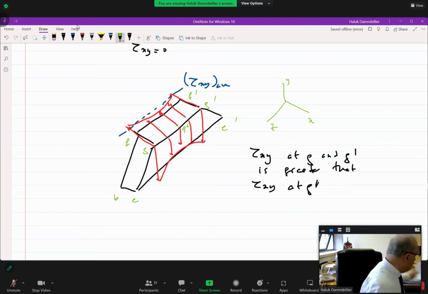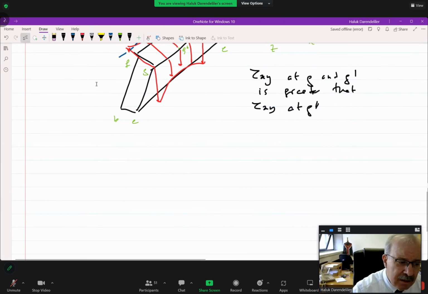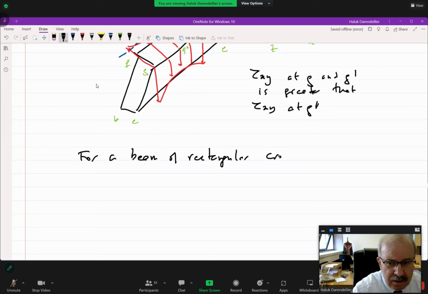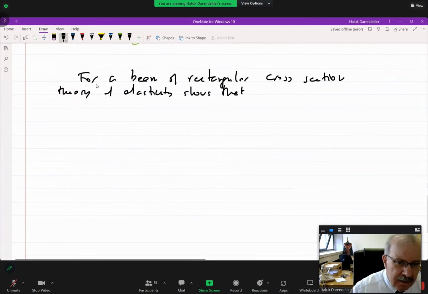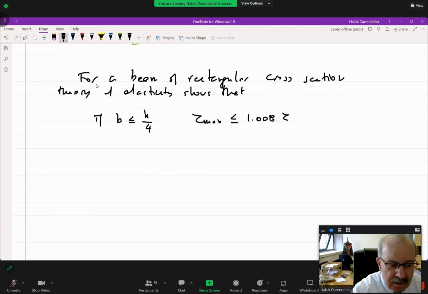Now, I can also say that for a beam of rectangular cross section, generally we have such beams, theory of elasticity shows that if b is smaller than h over 4, this variation, tau max, is equal or smaller than 1.008 tau average.